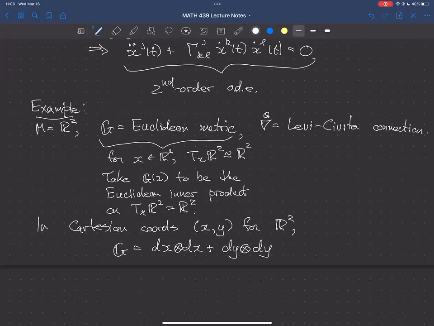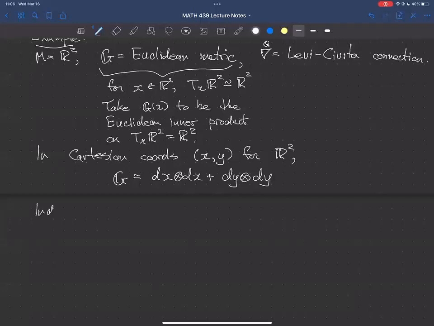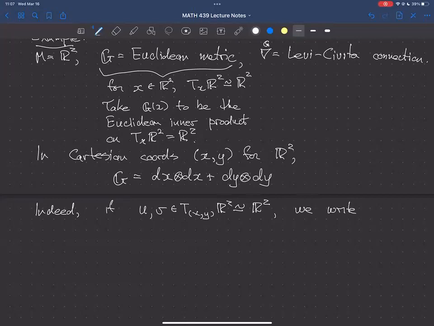To verify this, if U and V are tangent vectors at some point x, y, and again that's just isomorphic to R2, then we write U as Ux d by dx plus Uy d by dy, and we write V as Vx d by dx plus Vy d by dy.